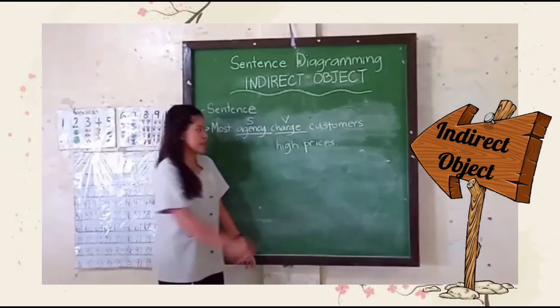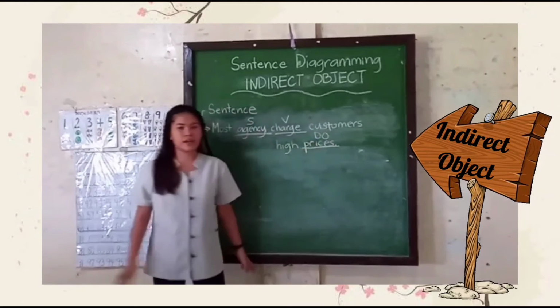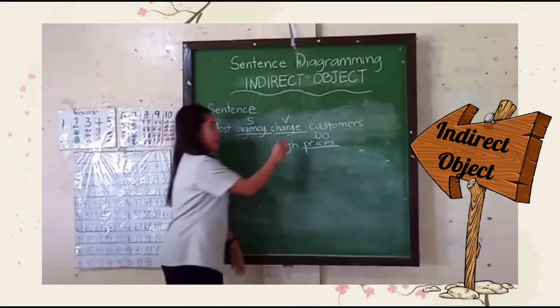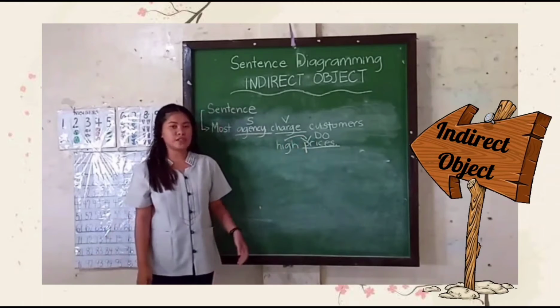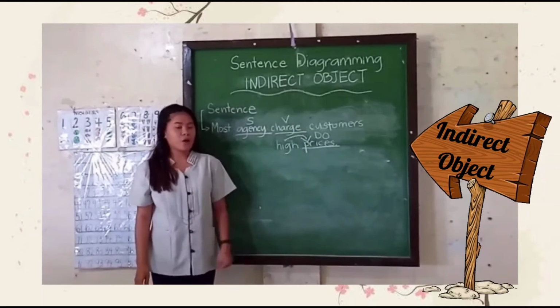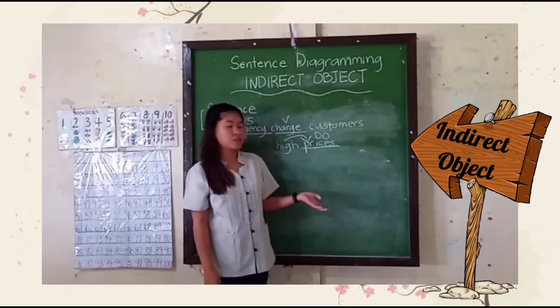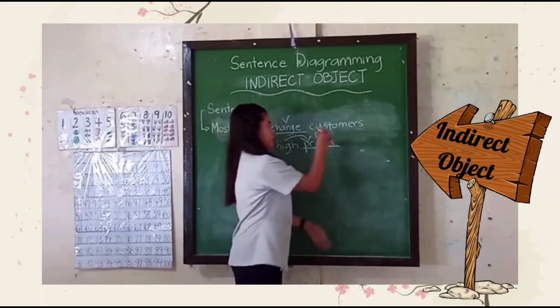So the prices is our direct object because it was described by the word high, which is an adjective. Customers are the people who are being charged the prices. So that's an indirect object.